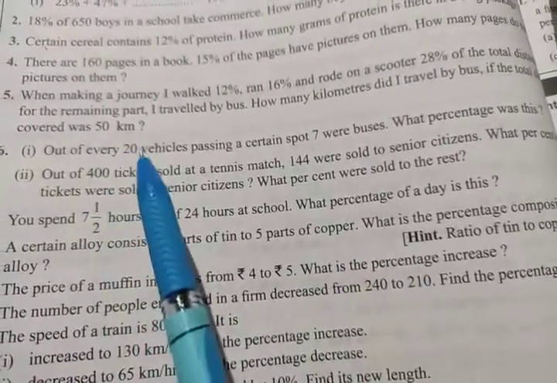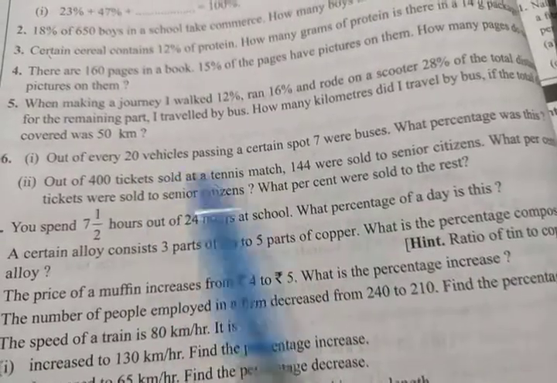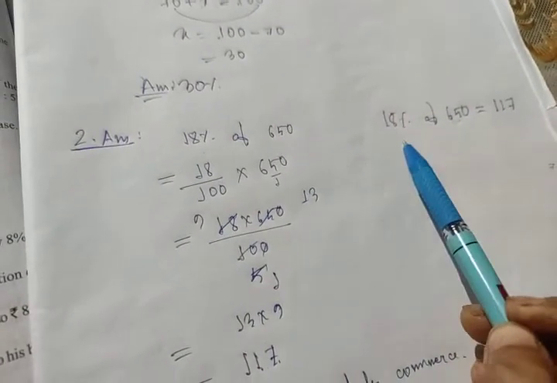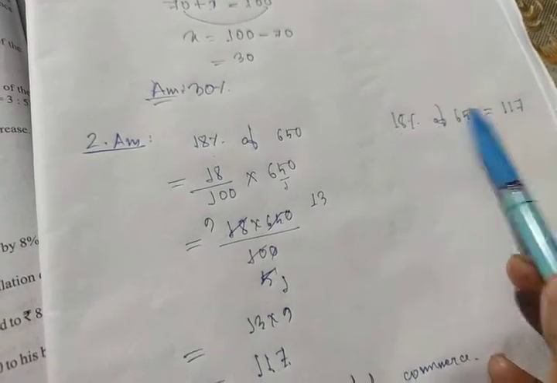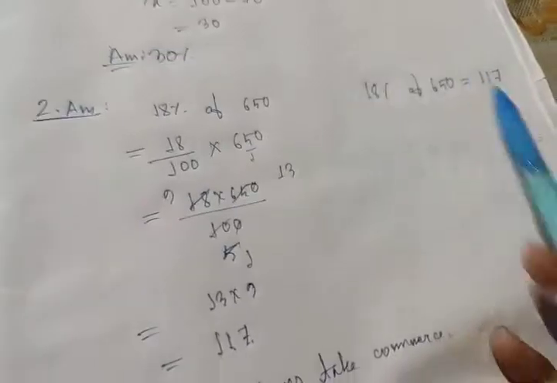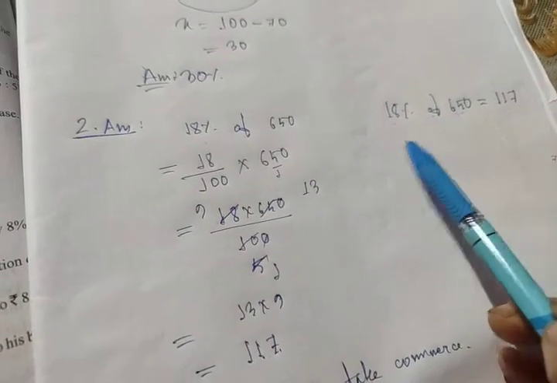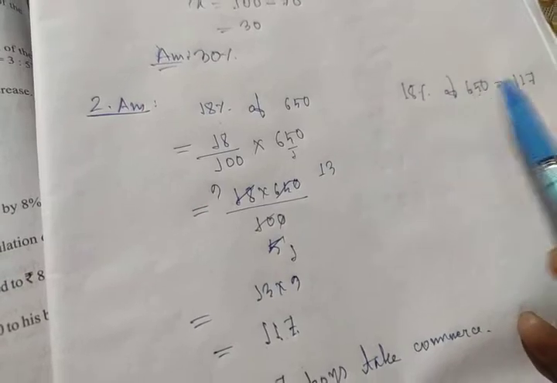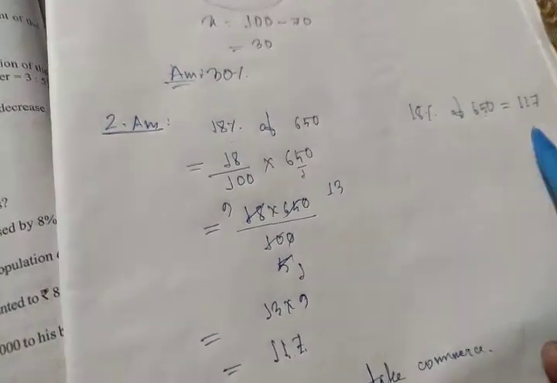Is it clear? If you compare this with question number 2, it is a percent of the total number equal to a given number. How do we express it in mathematical terms? Some percent of the total is equal to a specific number.